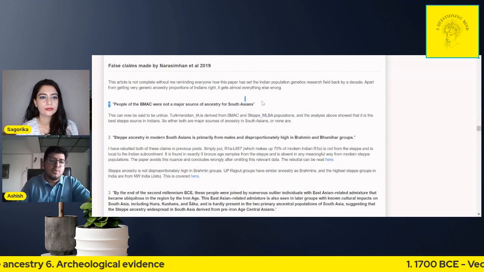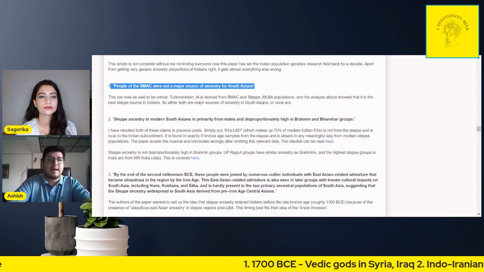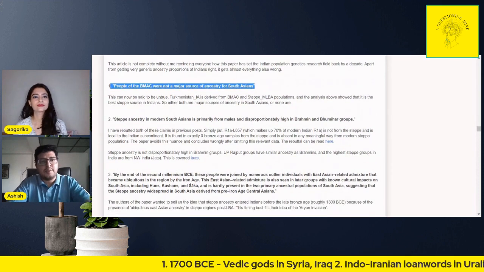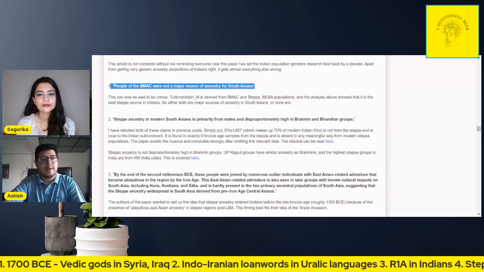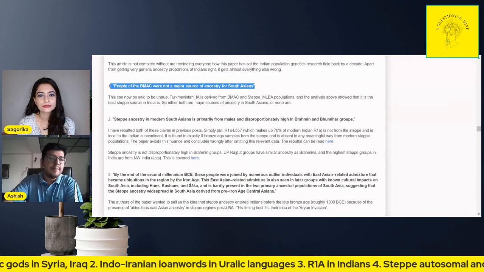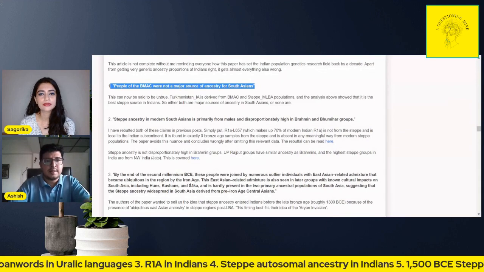So what I found is that the Turkmenistan... So I analyzed basically 11 populations from India. Five of them were private samples which had been sent to me, and the others were already available in the ancient DNA database.